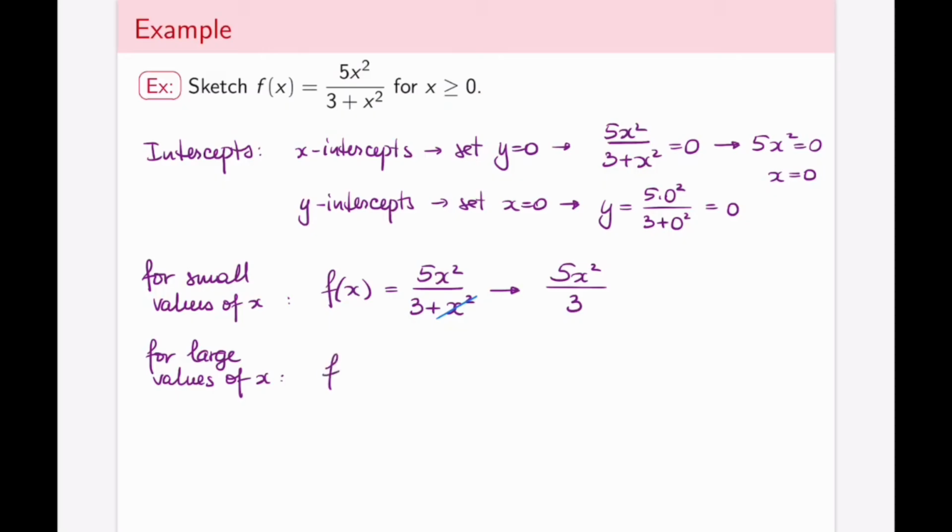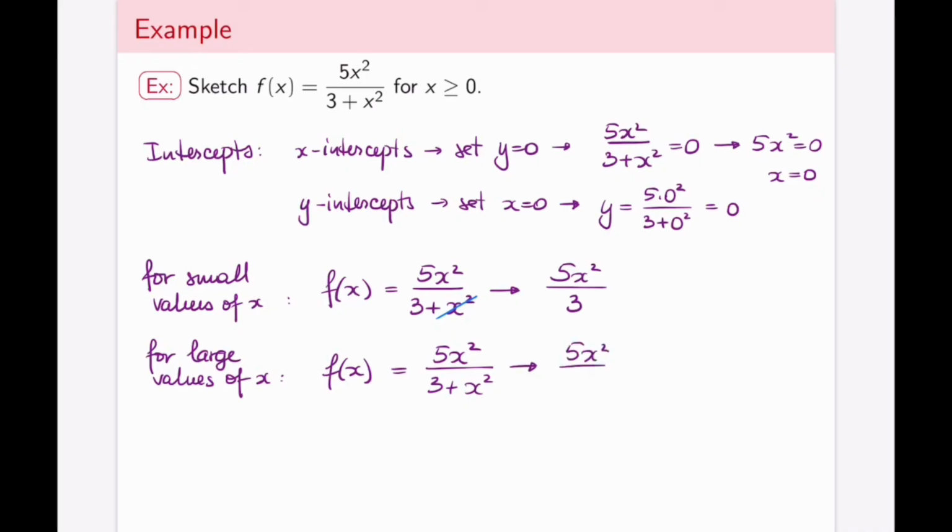For large values of x, I'm going to do the analogous analysis, but keep in mind that for large values of x, large powers dominate. Again, on top, I don't have a choice. There's only one term, so I have to keep it.